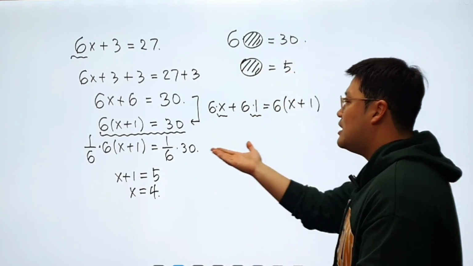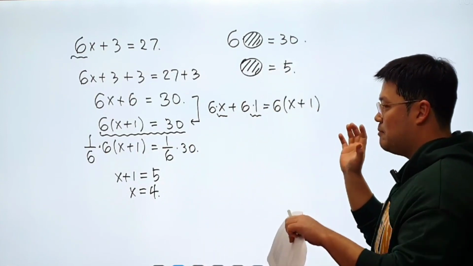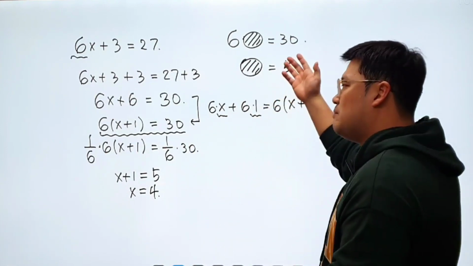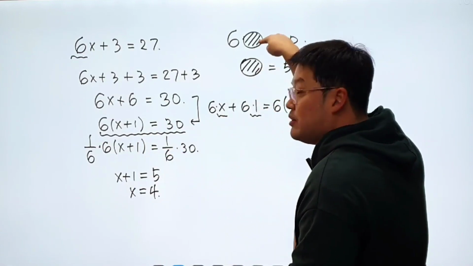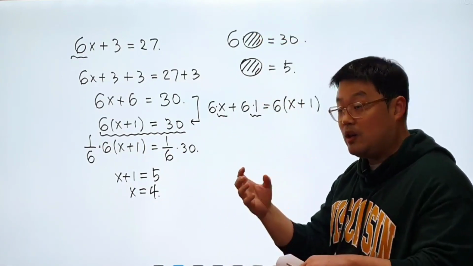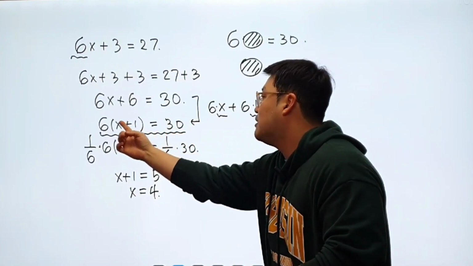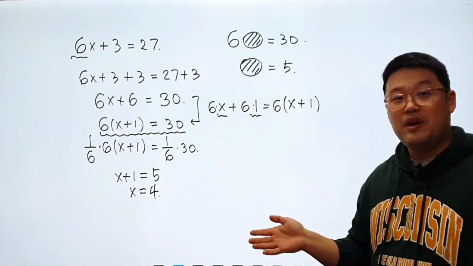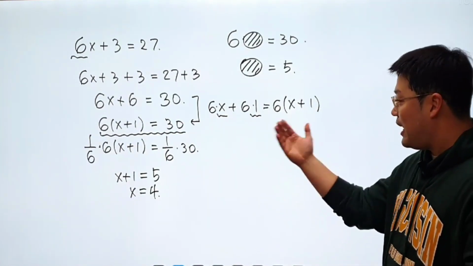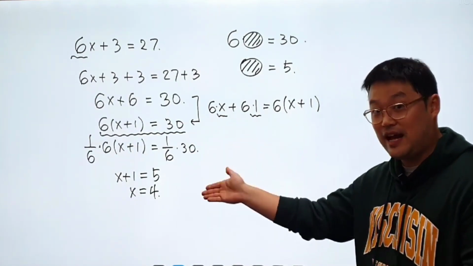So instead of doing all of these algebraic properties, you can simply see that solving it by looking at the value that we plug in has to be 5 as a whole. And if you find out that it's 5, you can use some mental math to figure out x equals 4. That's one way of solving it, okay? So x equals 4, we have found the solution, and that shall be it.